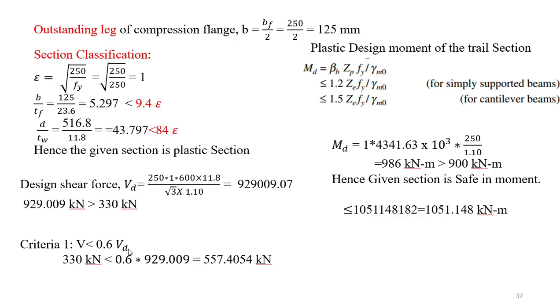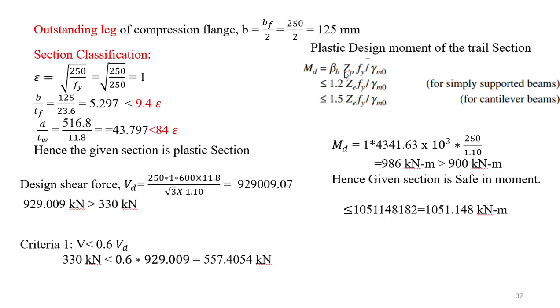Because of this reason, I am going to use the MD formula as given here. The plastic design moment of the trial section I can find by using this formula: MD is equal to beta B into ZP into Fy by gamma m naught. This is the equation we can use for V less than or equal to 0.6 VD.